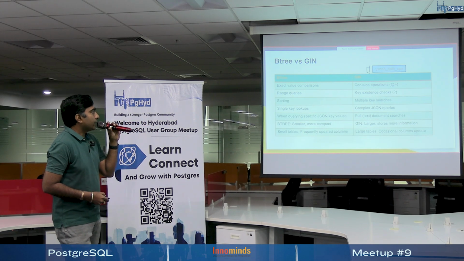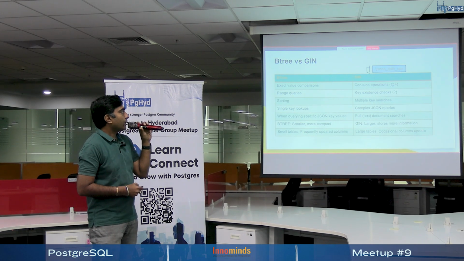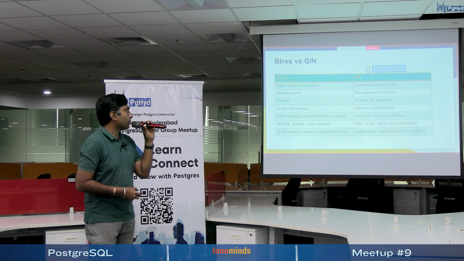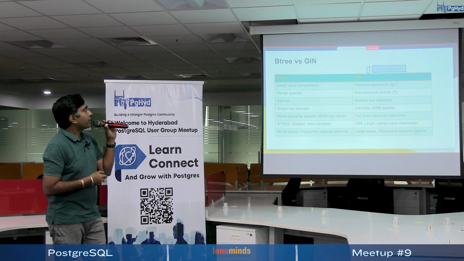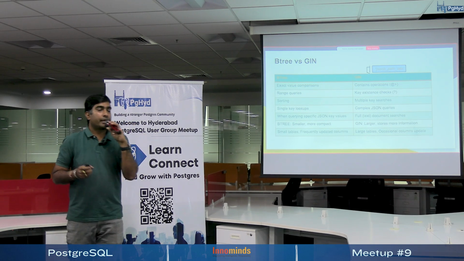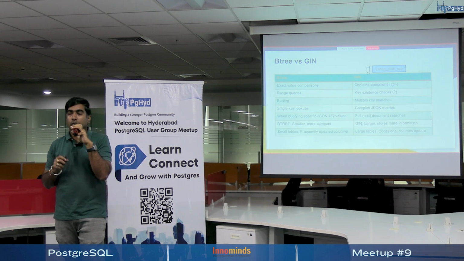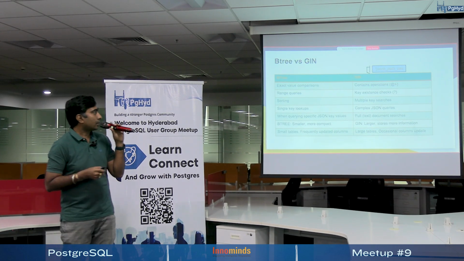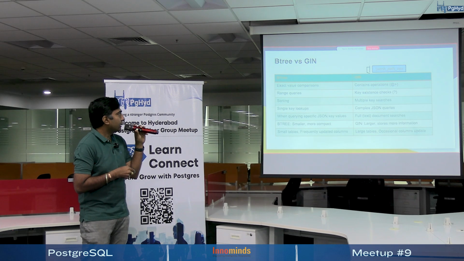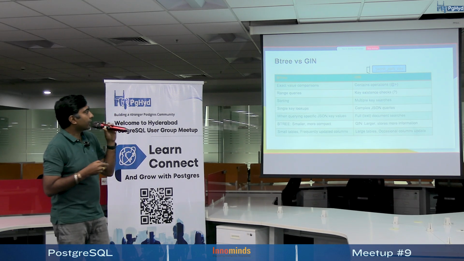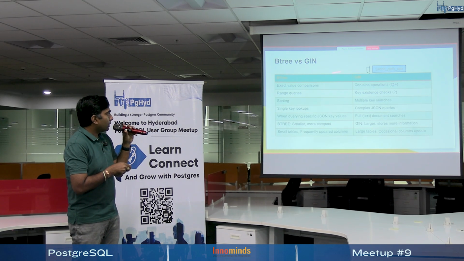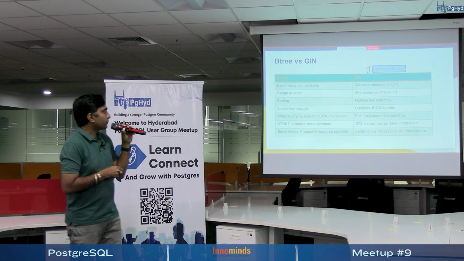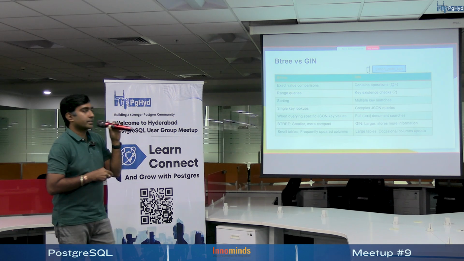Okay, now let's compare the B-tree and the GIN index: when to choose the B-tree, and when we are going to go with the GIN index. Let's say you are dealing with a not very large data set, some limited set of data that you are maintaining, and your query patterns are exact match operators and any range queries.